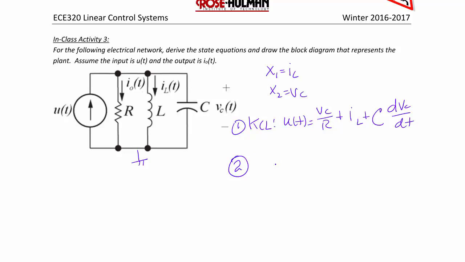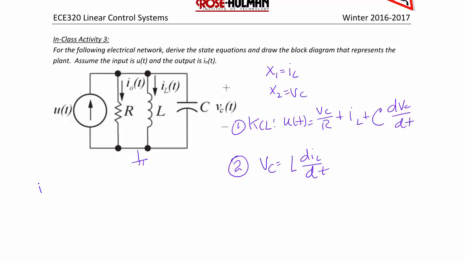Our second equation is going to be a relationship between VC and the voltage across the inductor. So VC is equal to L dIL dt. Now we can rewrite these equations in terms of the state equations.